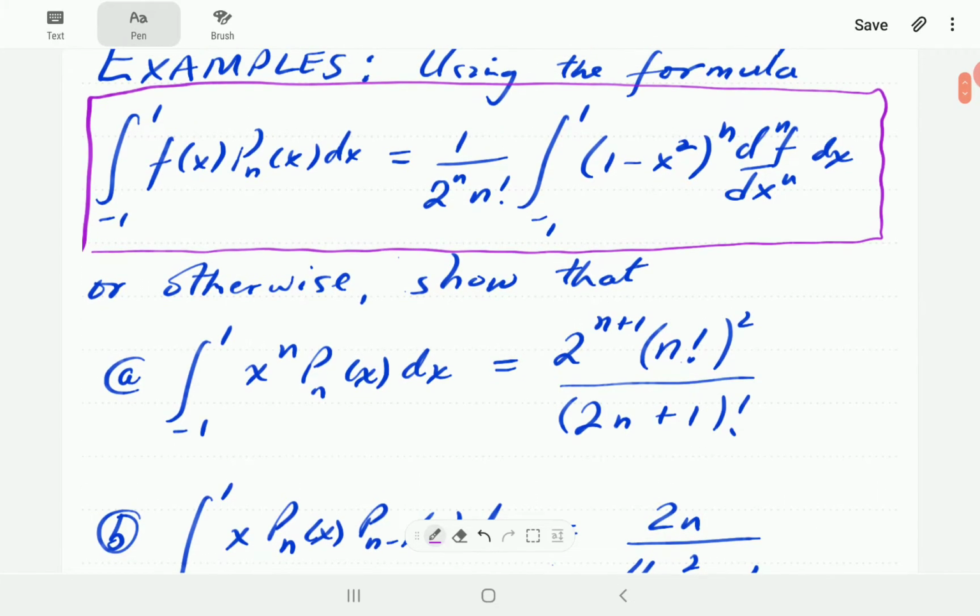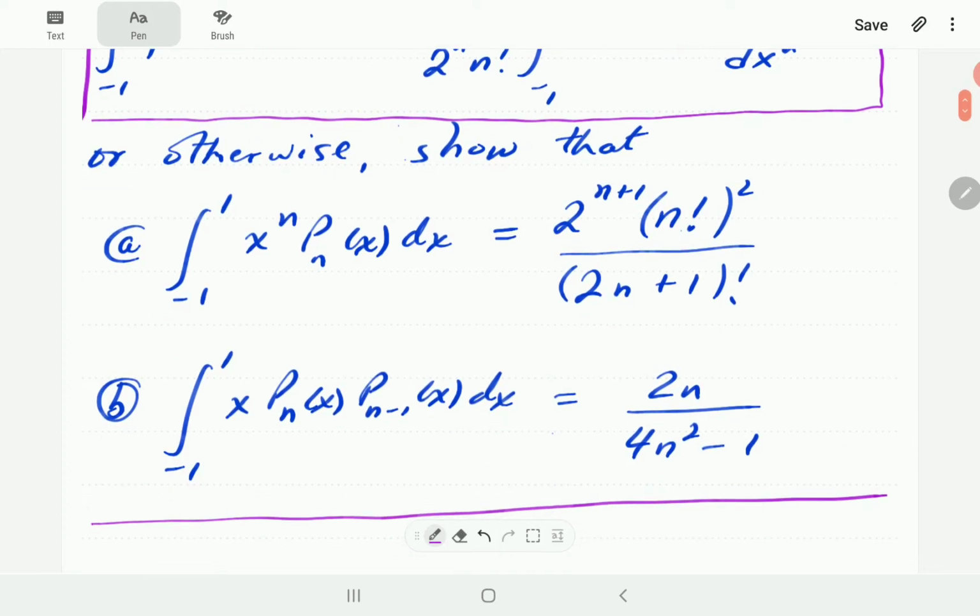So the way this works is we compare each integral with this and determine the value of the function f, and then we simply plug this in the right hand side and evaluate.